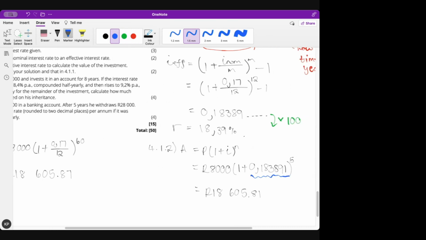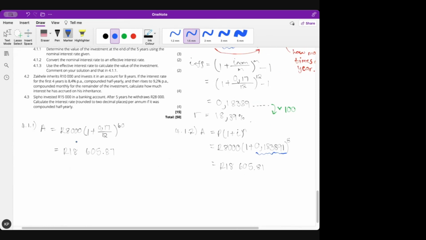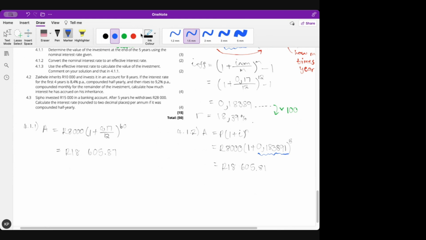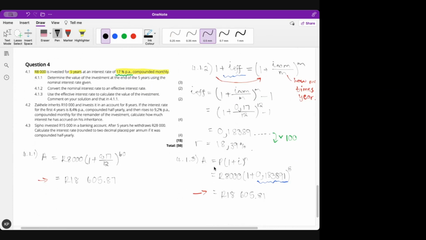Okay, but what can you comment about the two amounts that we got here? Look at 4.1.1 and look at 4.1.3. What can you say about those two amounts?